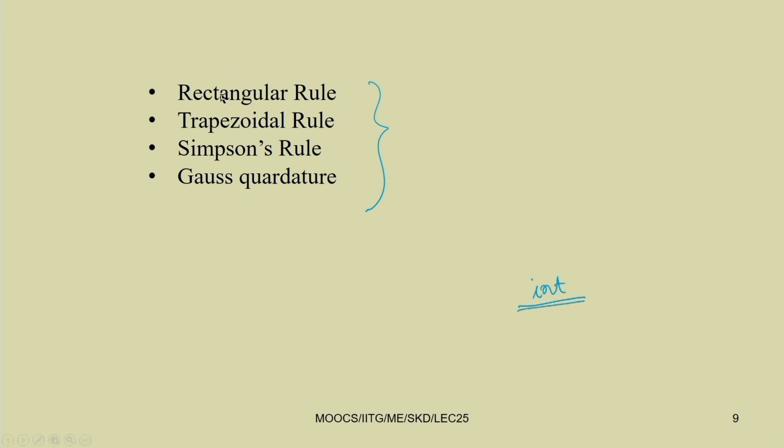You will be given an assignment on each of these methods, and you can use them to find the area of different curves bounded by the x axis and the curve, in between a to b. Let this be a, this be b. So, you can find this area.